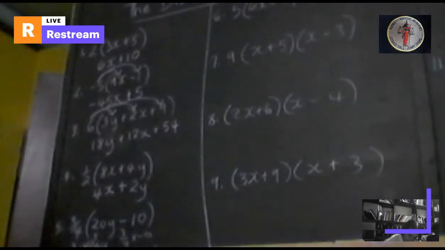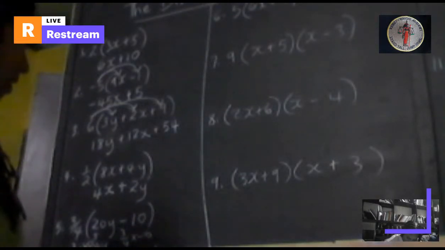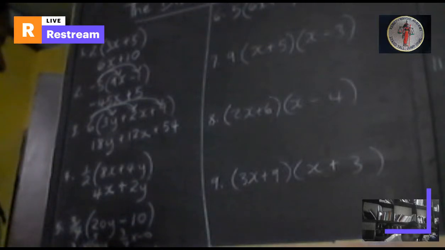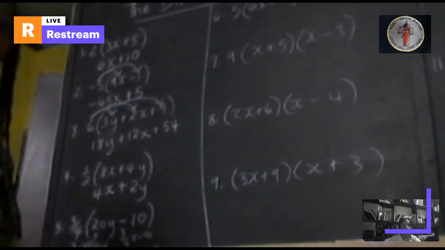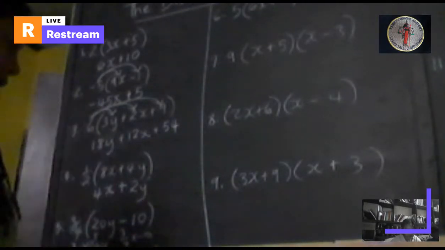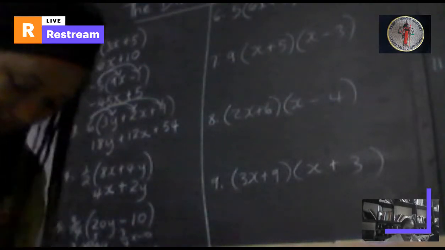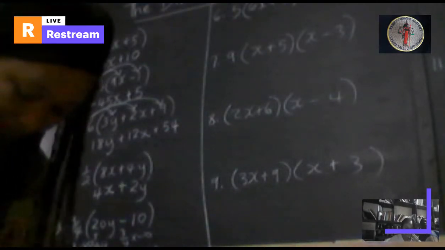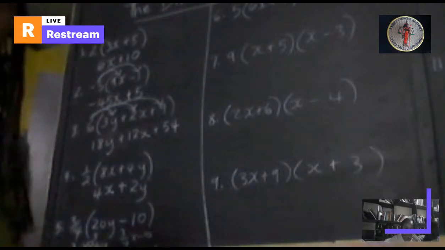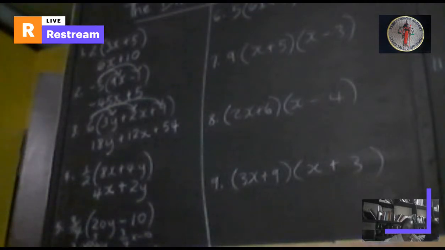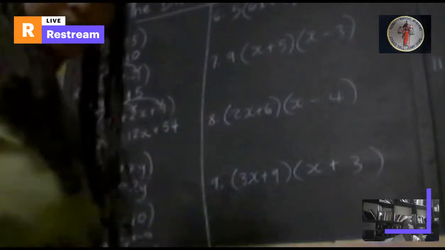So don't be scared of fractions. So it's 15y minus 7.5. Or we could have put the 15 over 2, reducing the 30 over 4. So you could leave it in that form.